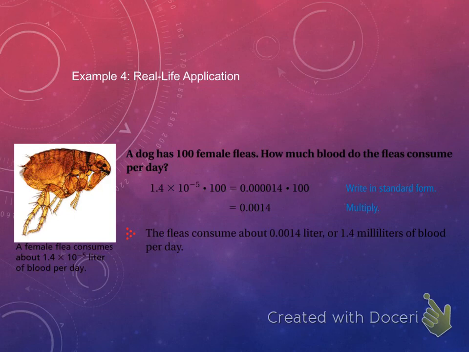So what that means is that the fleas consume about 0.0014, or that would be 14 ten-thousandths of a liter, or 1.4 milliliters of blood per day.